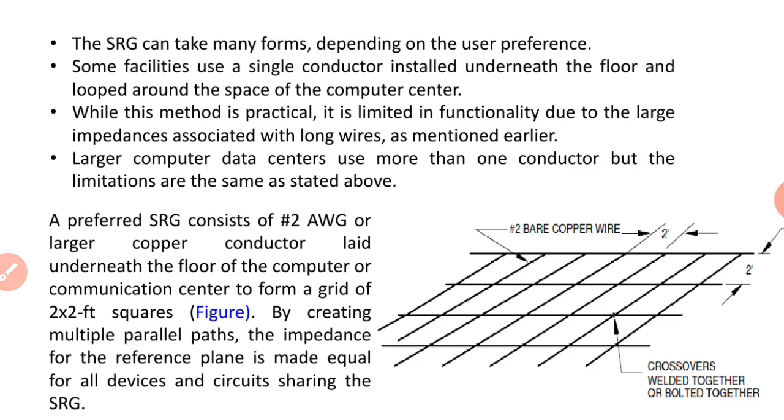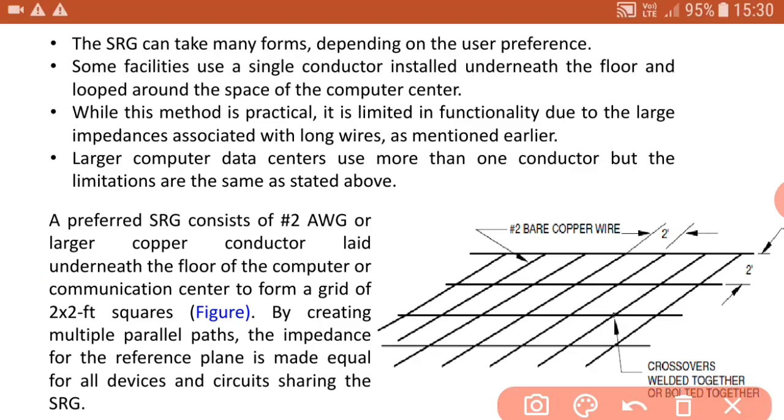The signal reference ground can take many forms depending on the user performance. Some facilities use a single conductor installed underneath the floor and looped around the space of the computer center. While this method is practical, it is limited in functionality due to the large impedances associated with long wires as mentioned earlier.